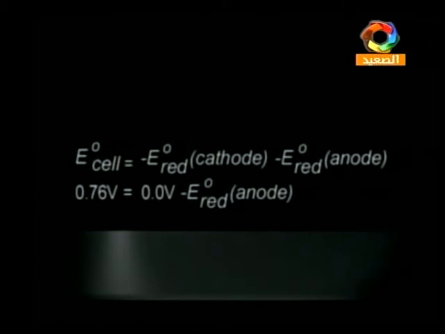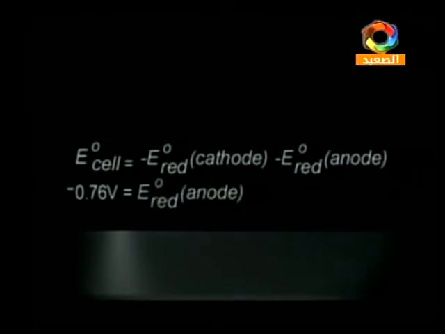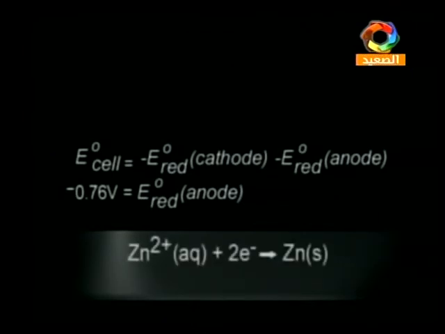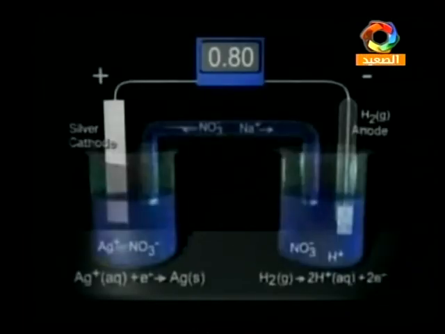Again, E cell is the energy produced by the cell, the energy from the cathode minus the energy of the anode. And after that, we have Zn aqueous gaining electrons and changing into Zn solid or metal, and between them we have NaNO3 in a salt bridge.